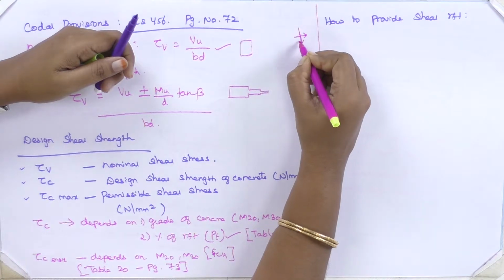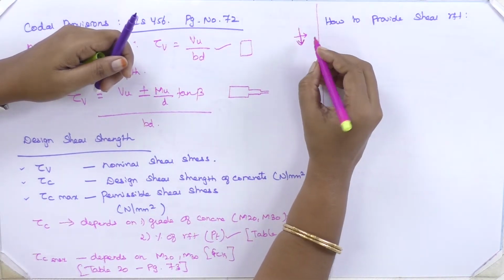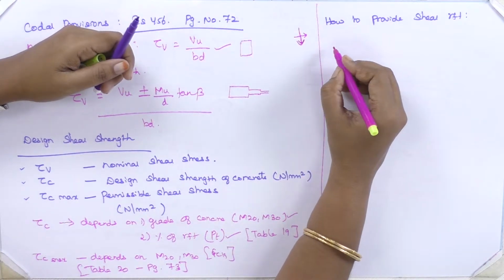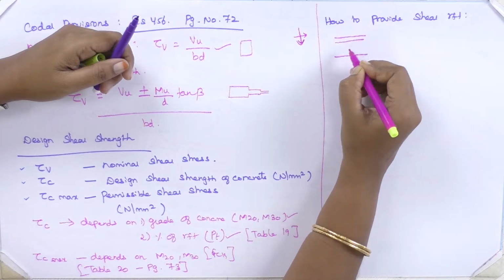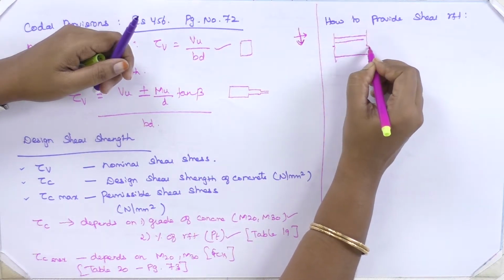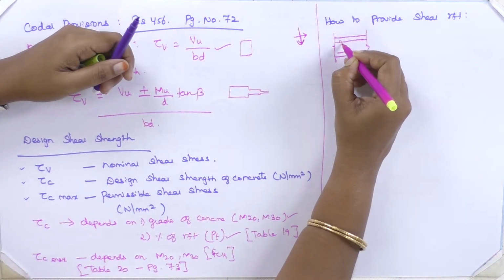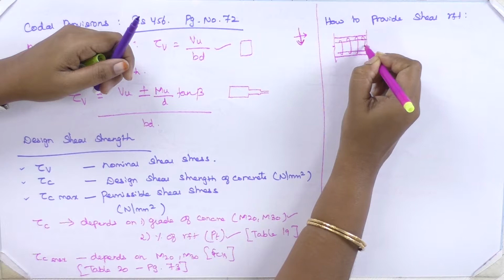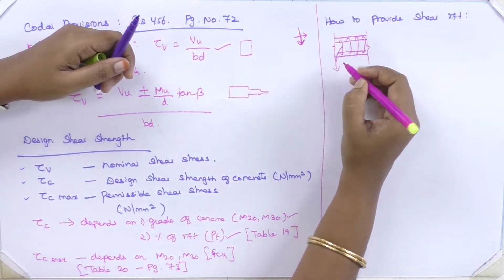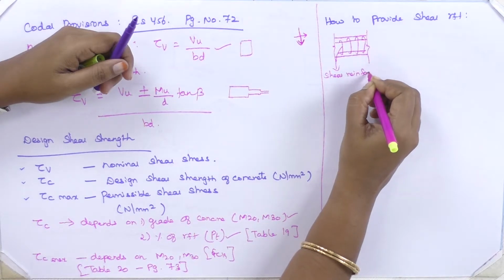So the vertical shear is mostly predominant, so you need to provide your shear reinforcement. This is my longitudinal bar, so I can provide my shear reinforcement in this fashion. This is my shear reinforcement.